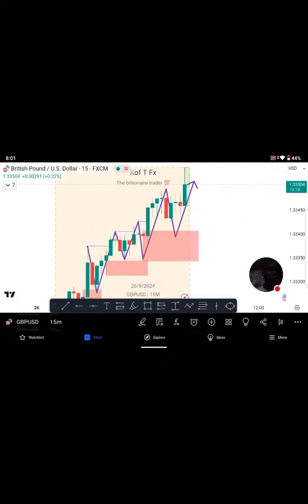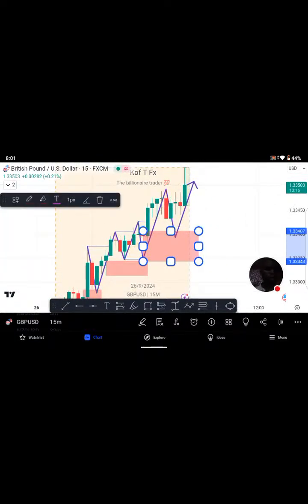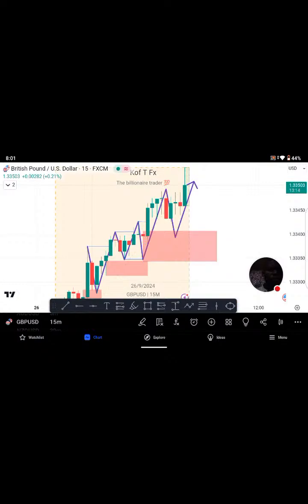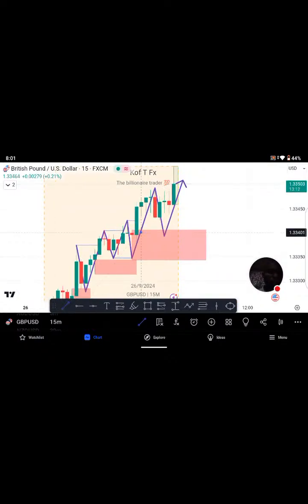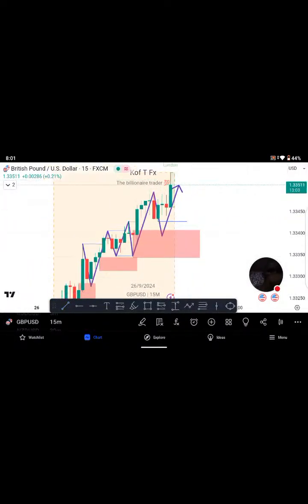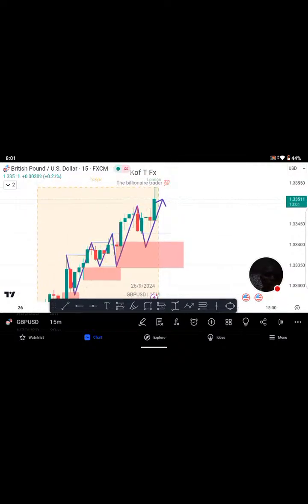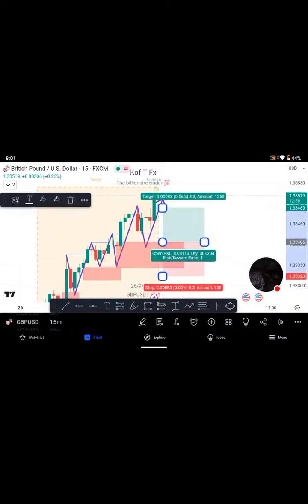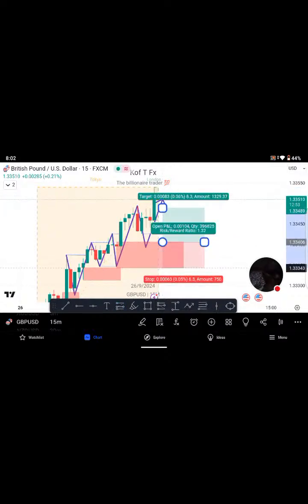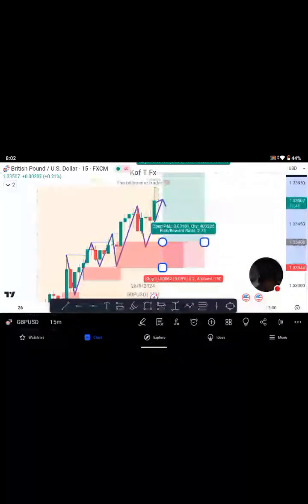So that's our entry, and there is an inducement before the entry, this, which I expect to be taken out, and targeting the 3 hour.